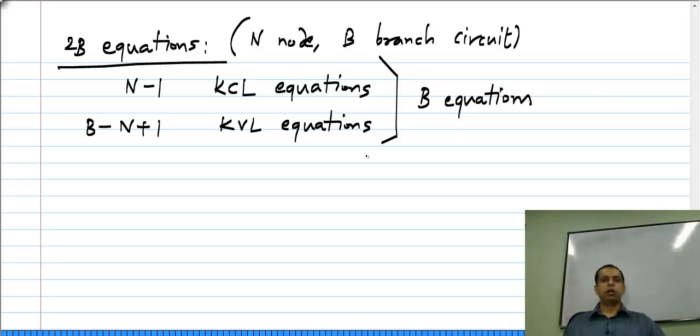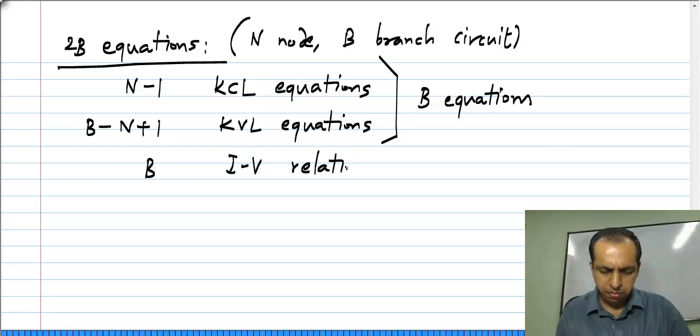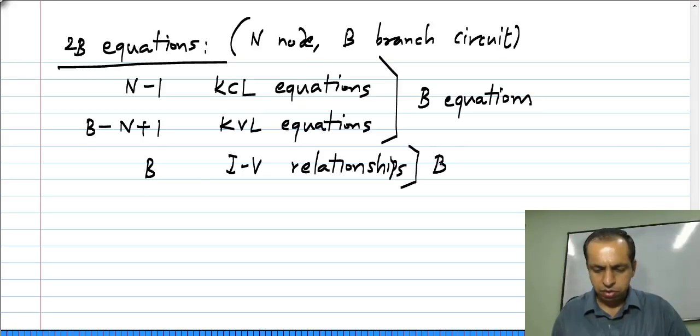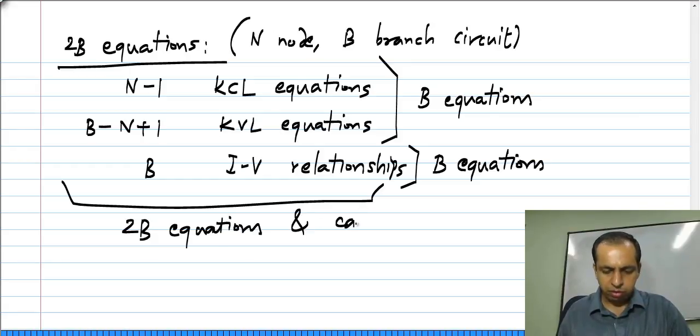And also we have B branches. So, each branch will have its current voltage relationship. So, we have B IV relationships which give you B more equations. So, together we have 2B equations, and by solving these we can solve for 2B variables.